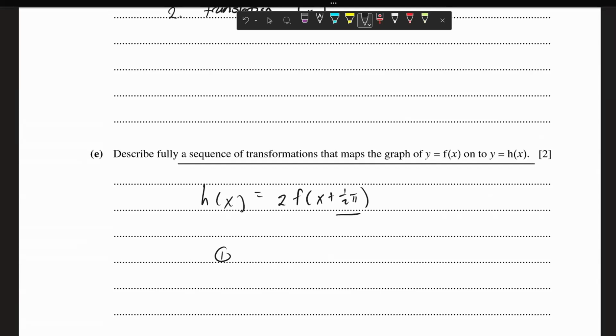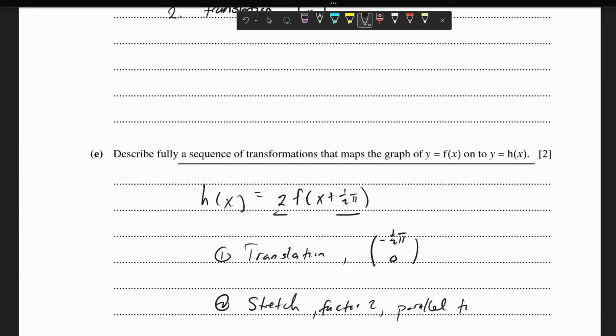First transformation represented here is a translation with a negative half pi, 0. Then the 2 represents a stretch, factor 2 parallel to the y-axis. That's how we would answer that part. And that's how we do it right here.